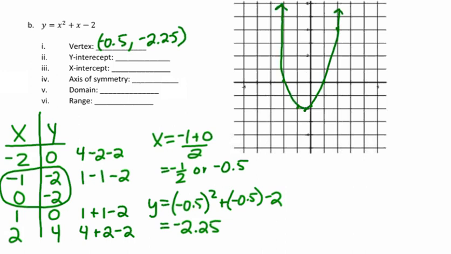We know our graph will be opening up because our a value is a +1. Our y-intercept is going to be -2, which it was. So y-intercept, y equals -2.